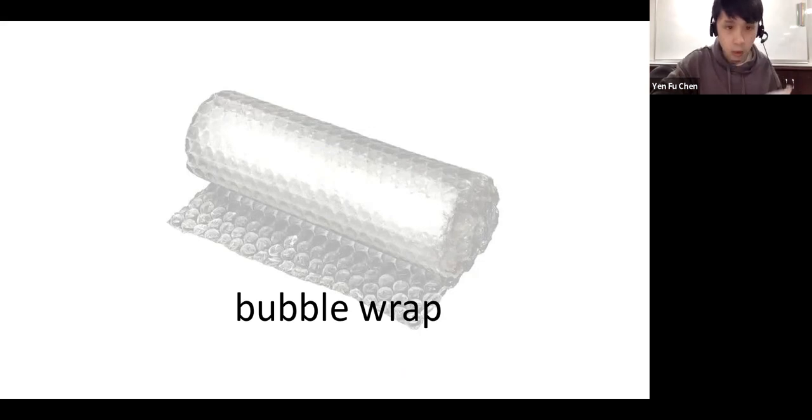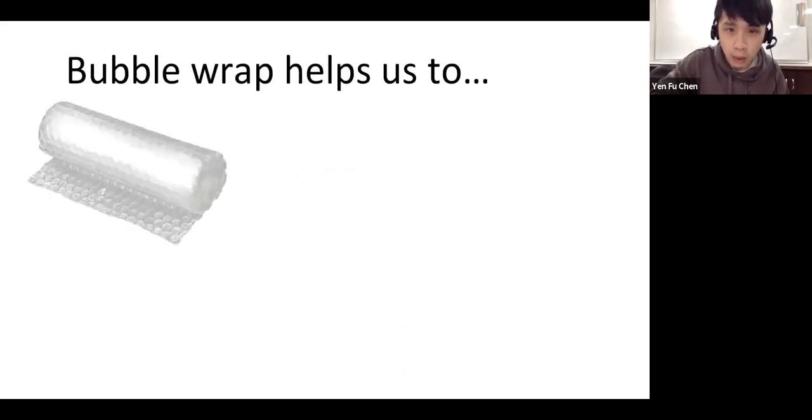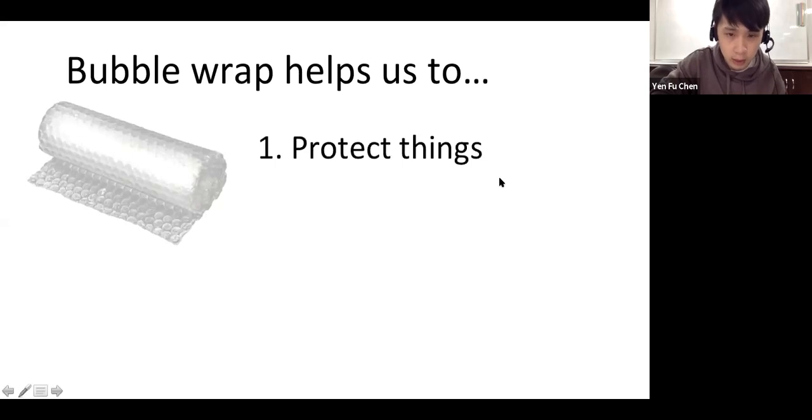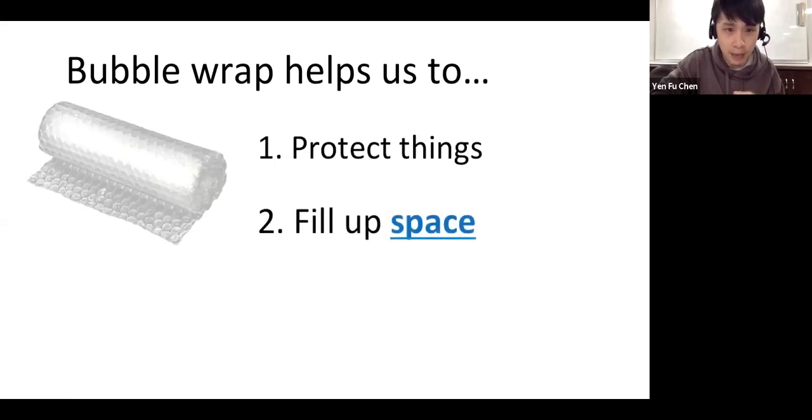So I also asked them, what can bubble wrap help us to do? So they can protect things and they can also fill up space. So I bring a box and just show them, when we have a package or some delivery, I would take it out and see the bubble wraps around the things I bought.